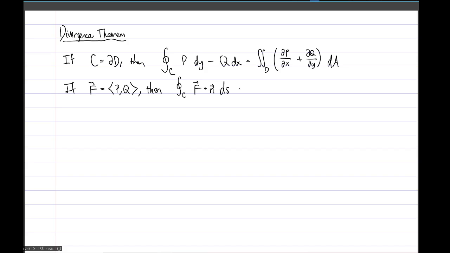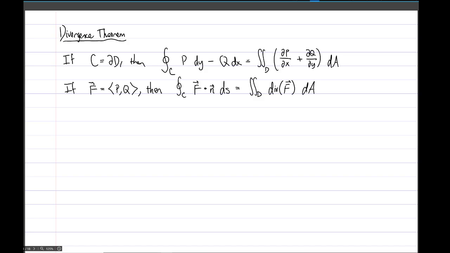I know this looks a lot like the flux integrals that we've seen, but it's just a lowercase s because this is all just in two dimensions, okay, of the double integral over D, and then you might recognize this, at least it's a two-dimensional version of divergence. So the divergence of the vector field F dA.